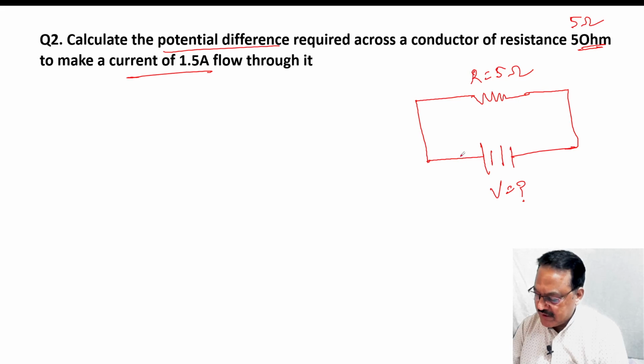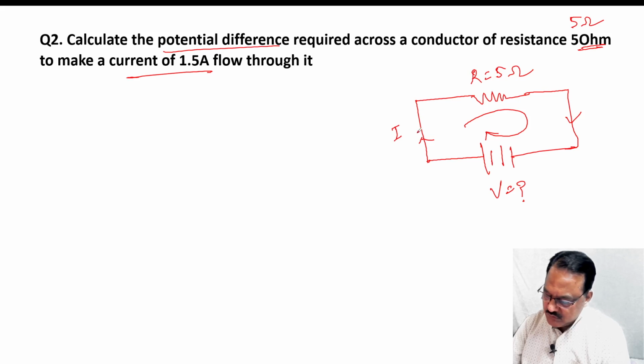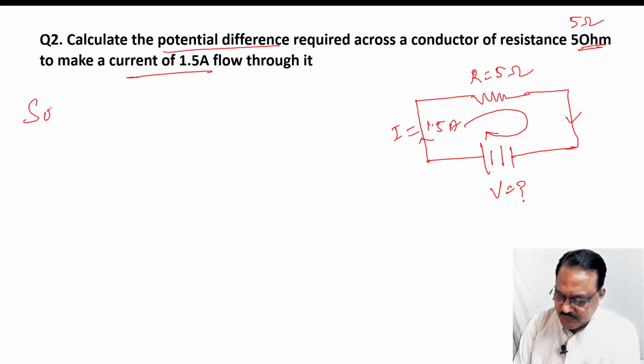The current will start from the positive terminal and will terminate at the negative terminal. This will be the direction of the current in the circuit. So I is also given, 1.5 ampere.